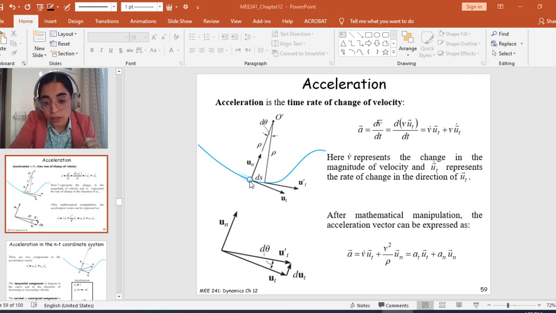At this point, this is the tangential direction to the curve. At this point, this is the tangential direction to the curve. So since its direction is changing, I cannot skip the derivative of this ut, or its derivative is not equal to 0 with respect to time.